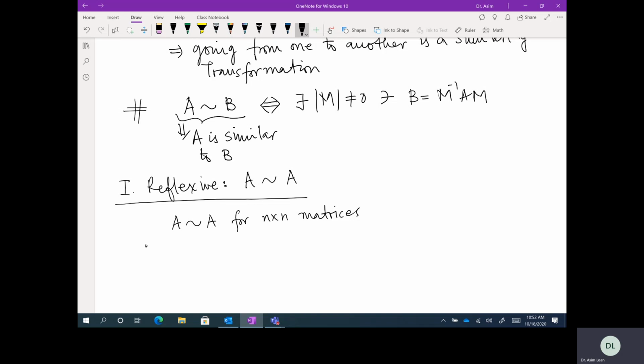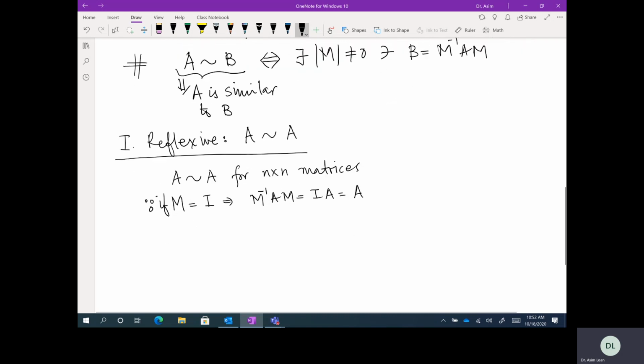Why? If M is equal to I, this implies M inverse A M equals I A I, which is equal to A.